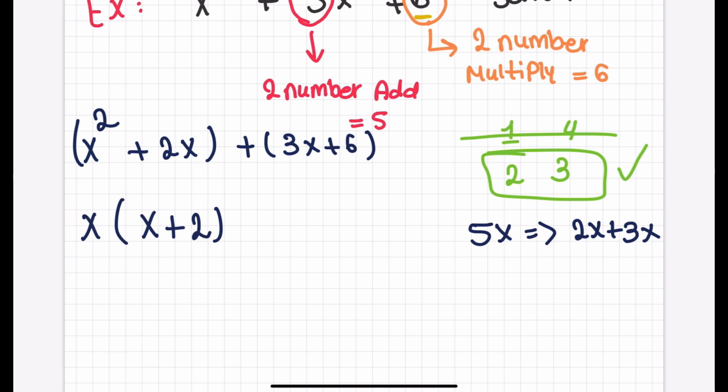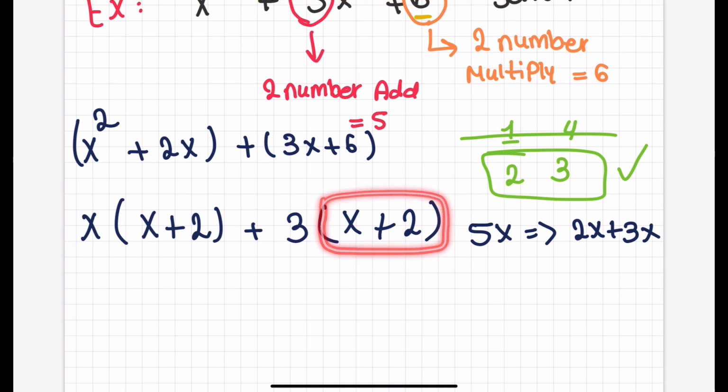I'm just going to divide x squared by the factor, so x squared divided by x is x, and then 2x divided by x is 2. Then plus, between 3x plus 6, what I can factor is the number 3. I'm going to write down 3. So 3x divided by the factor 3 is x, plus 6 divided by 3 is 2. So you can see these two brackets are the same.